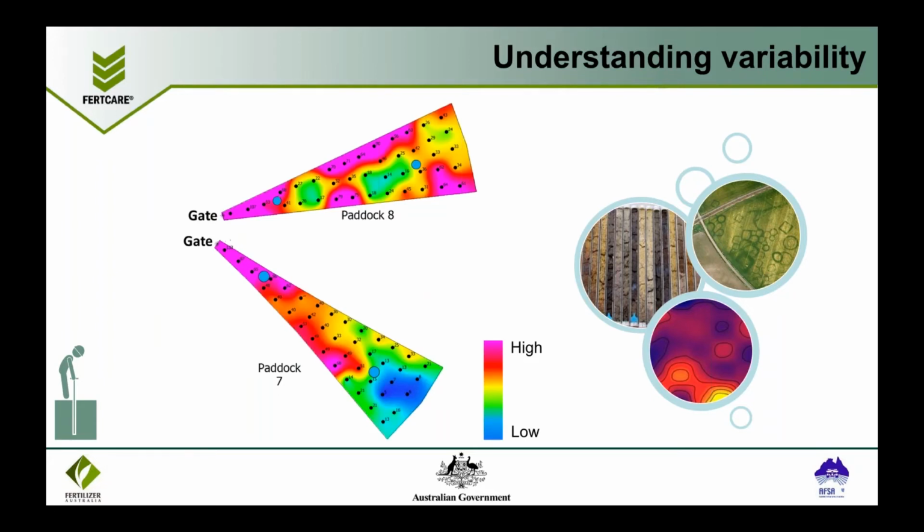Whilst you might get that sort of variability across the farm, if you look more closely within a paddock, and this is some work done by Bill Koching, you can have significant variability within a paddock, and you can tend to have high nutrient areas around gates and around troughs. So understanding that is important.